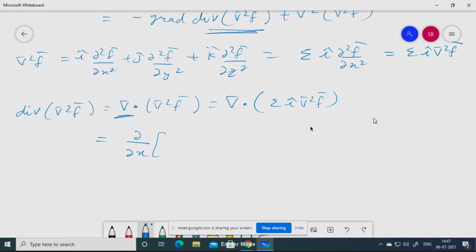So independently I'll write dou by dou x of del square f bar, and if I put a summation here, then it makes sense. Understood all of you? Yes, ma'am. Okay.